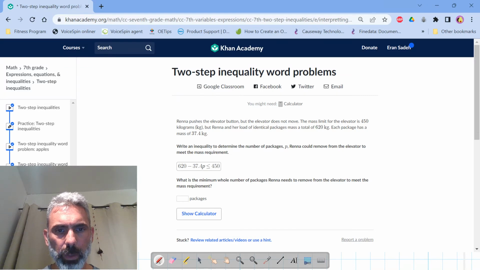Okay, so now what is the minimum whole number of packages Rina needs to remove from the elevator to meet the mass requirement?